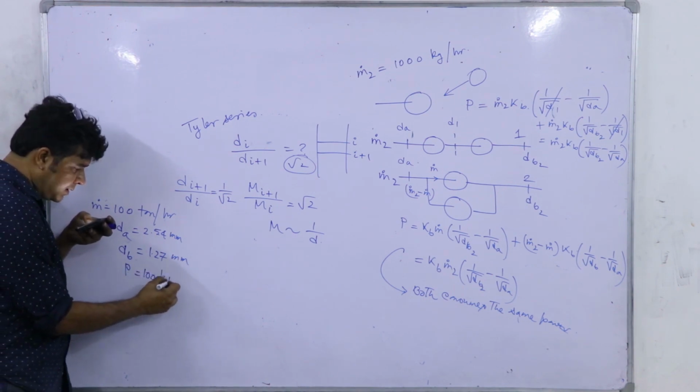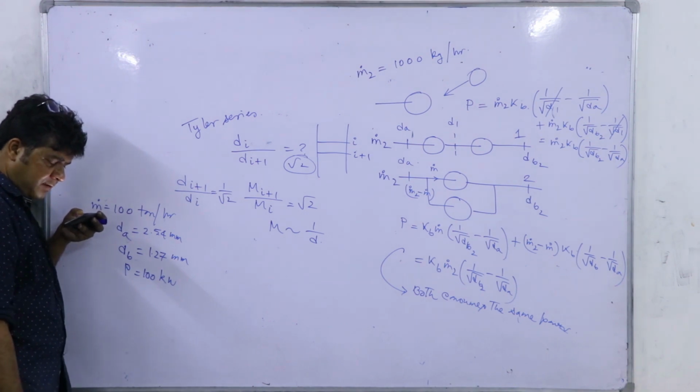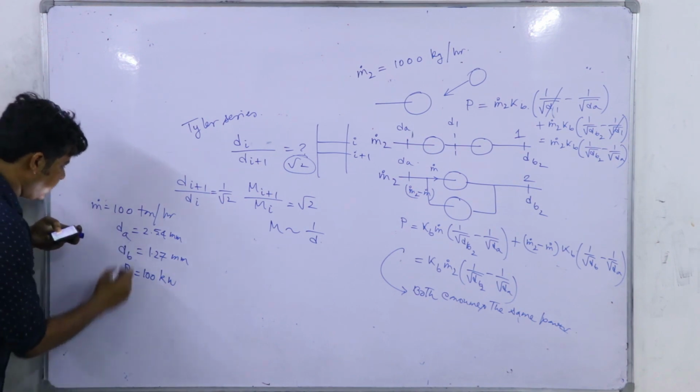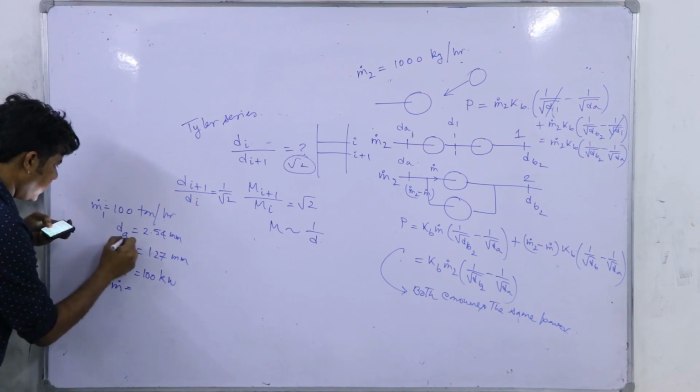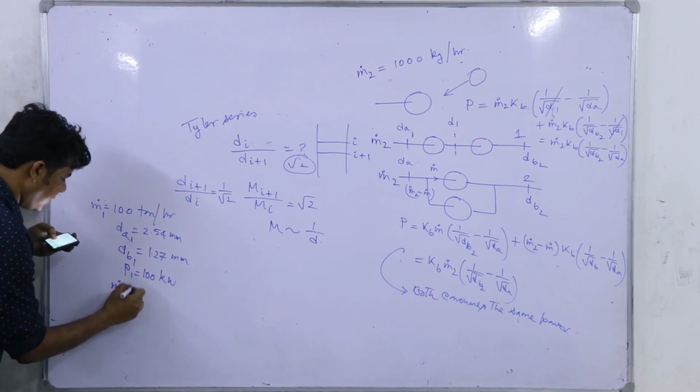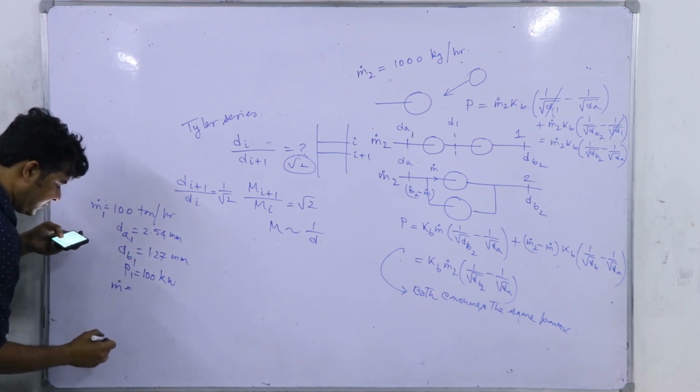100 kilowatt. If 100 tons of the same material is similarly crushed, so 100 tons, this is m1, dB1, dA1, P1. So what is that?